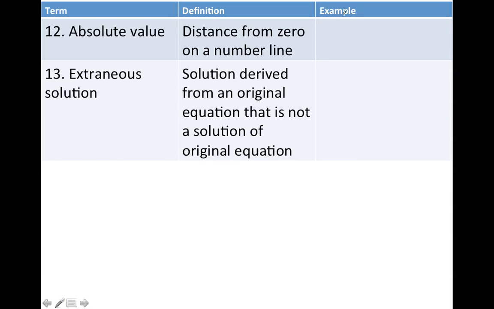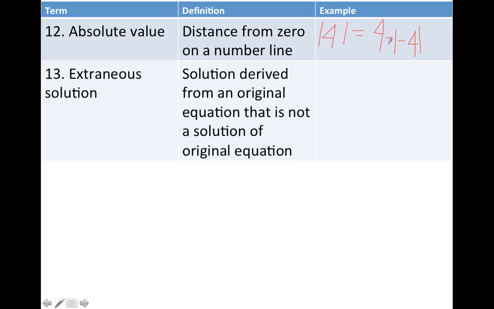For example, these two straight bars mean absolute value. If we took the absolute value of 4, the distance from 0 is 4. So the absolute value of 4 is 4. If I asked you what the absolute value of negative 4 is, you would also say 4.